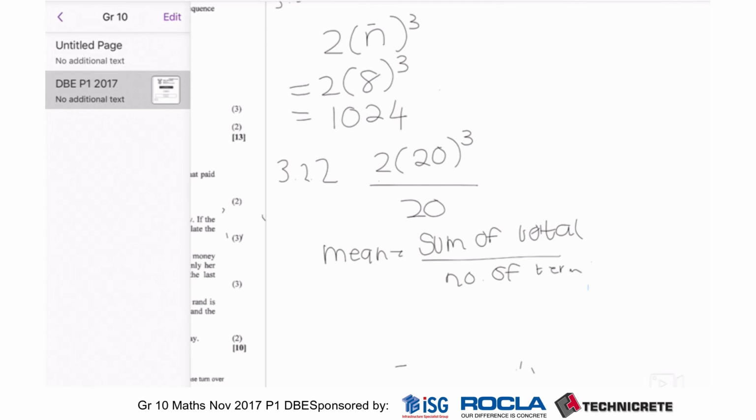So in this case, we've got the sum divided by the number of terms. So we've got to calculate it. So 20 cubed times 2 is 16,000. Divided by 20, so it's going to be 800. Okay.